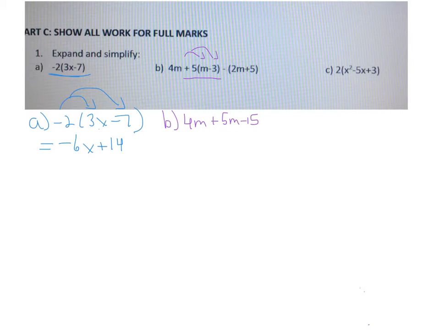If it says subtract 2m plus 5, remember we talked about this in class and everybody promised that you would not forget that a negative in front of the bracket means minus 2m and minus 5, changing the sign of everything in that bracket.